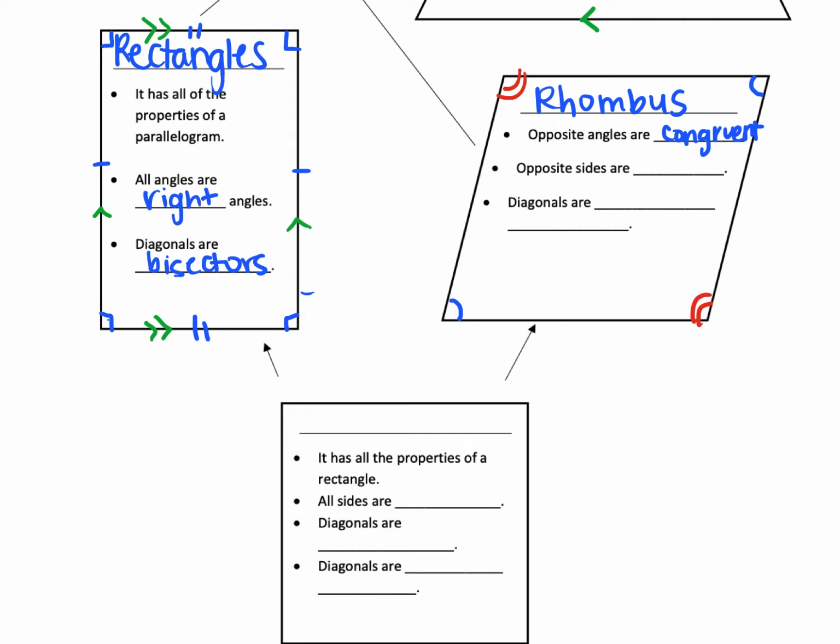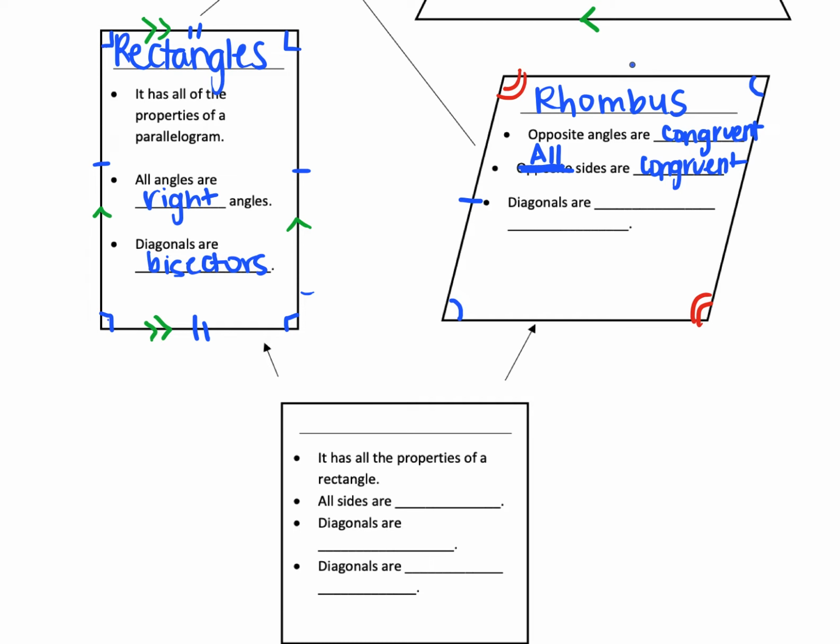Now the opposite sides in a rhombus are congruent. And actually the special thing about a rhombus is that all sides are congruent. So we're actually going to change that to all. So all sides are congruent.